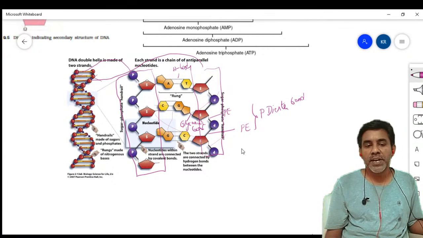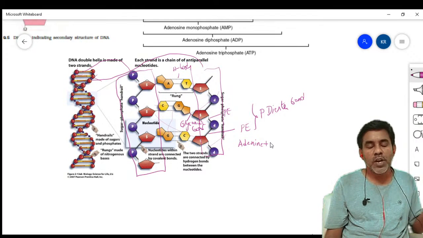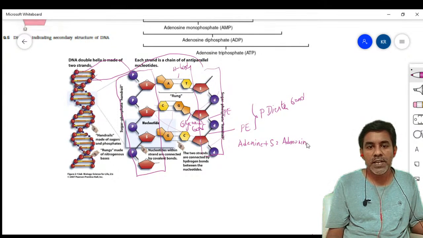You are going to get repetition: if adenine combines with sugar moiety, it becomes adenosine. When adenosine is added to the phosphate moiety, it becomes adenosine monophosphate.